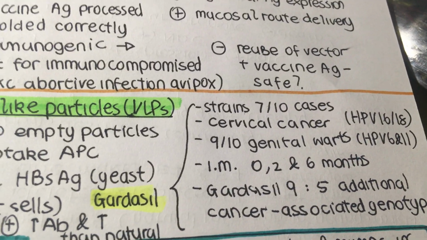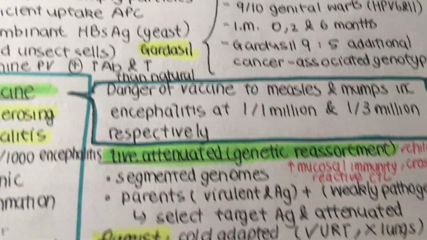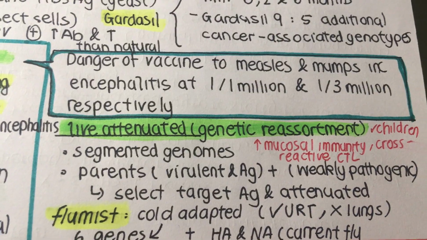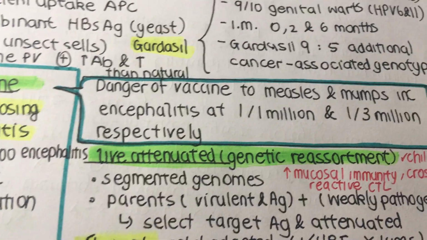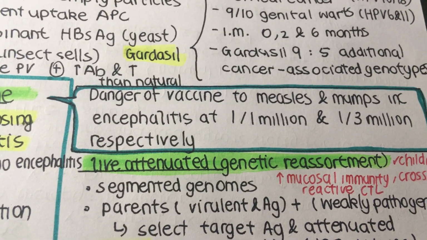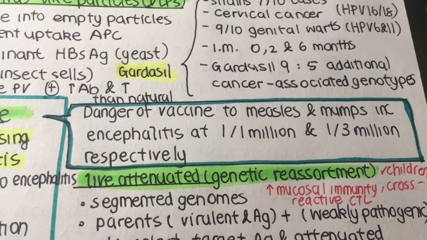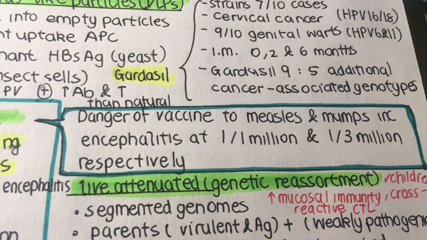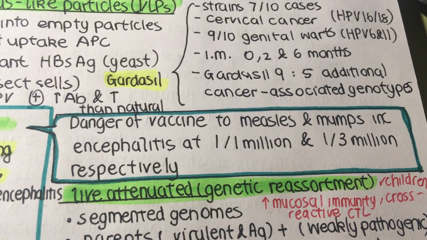Lastly, we can have a live attenuated vaccine made from genetic reassortment, and this is basically done by using two parent viruses and using their genomes to be grown in one cell. So the resulting cell will have the targeted antigen but be attenuated, and the parents might include one that has a virulent antigen and another that is weakly pathogenic.